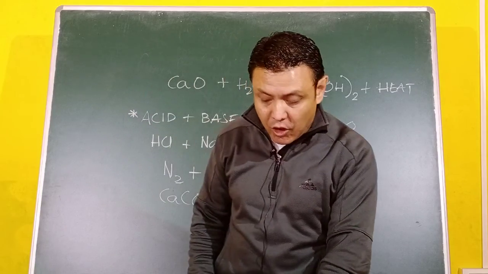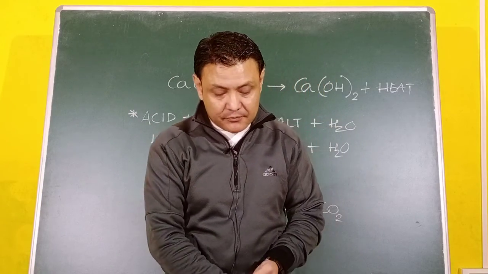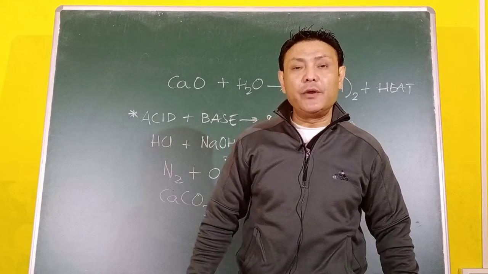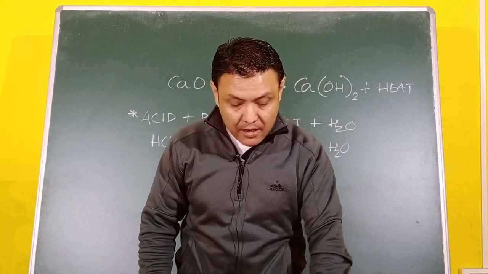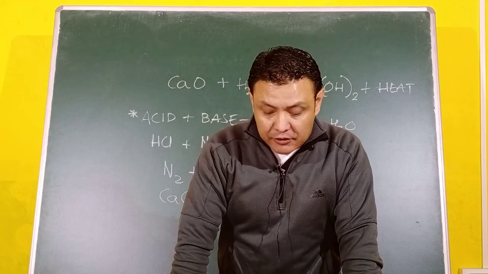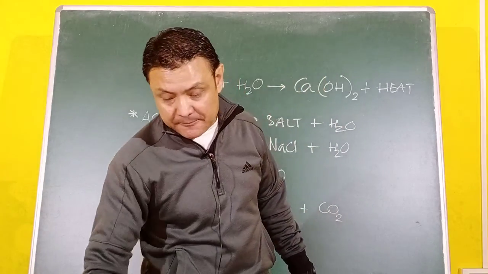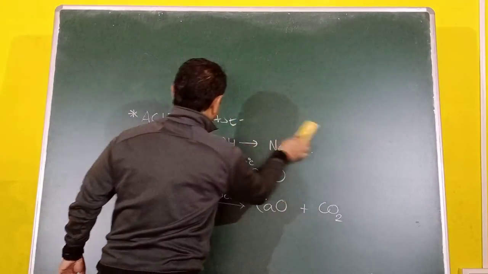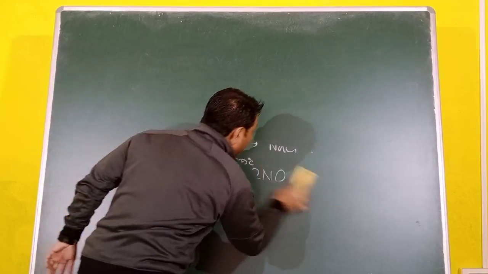Now we come to oxides. Oxide is formed when a substance reacts with oxygen. For example, magnesium burns in oxygen with a dazzling white light to produce magnesium oxide, MgO.